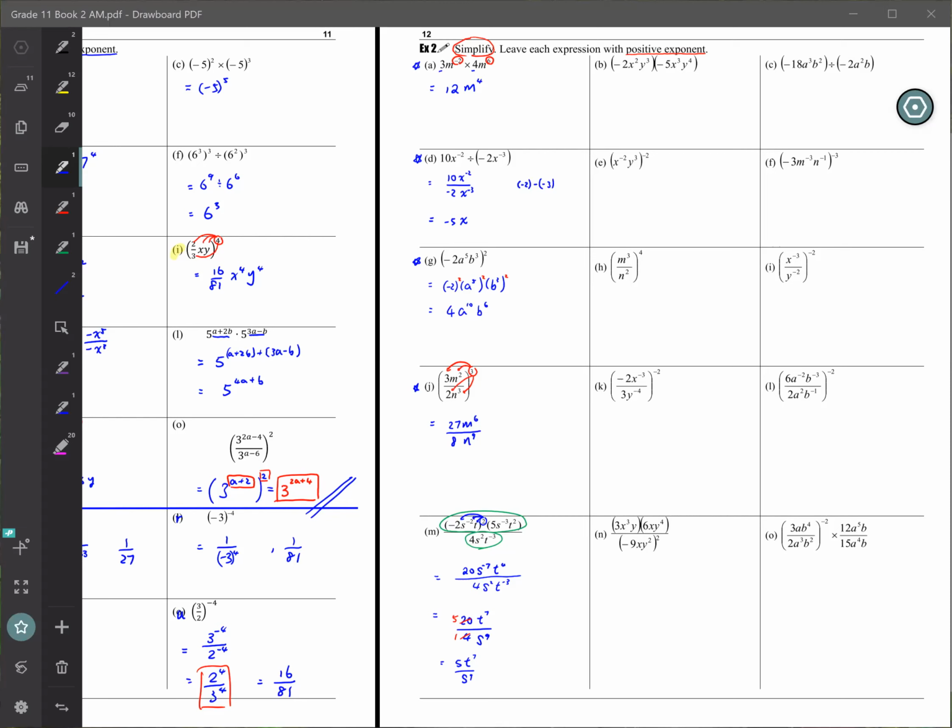Okay, Colin, which one are you working on? I'm almost done. Okay. Nathan, which one are you on? N. Okay. I think about 3 or 4 more minutes and we'll go over, okay?